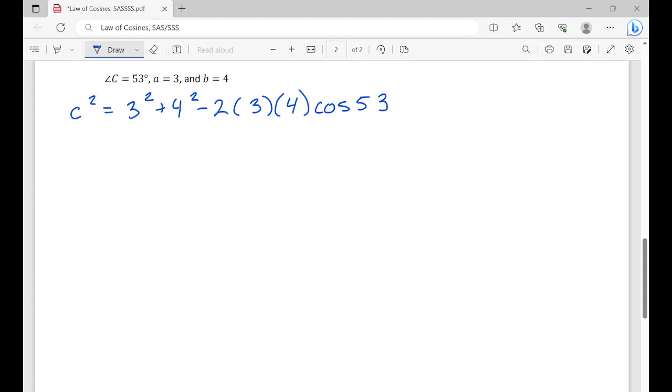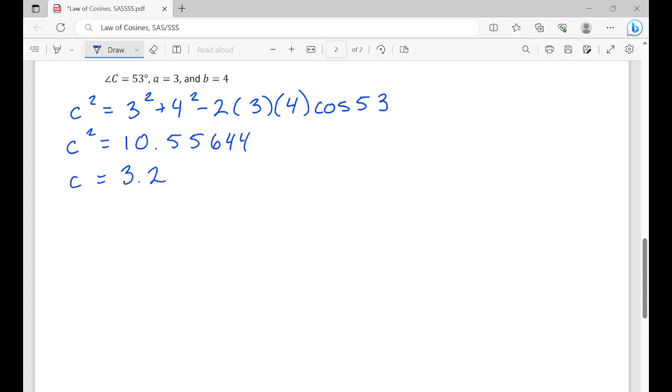And just work this out. I'm going to get C squared equals, to 5 decimals, 10.55644. Square root both sides and round to 1 decimal. I'm going to get 3.2. So there's the missing side C.